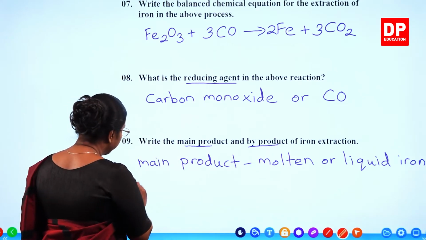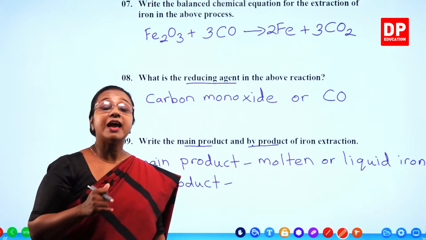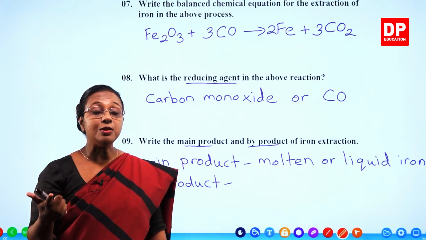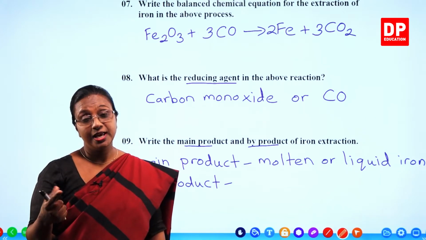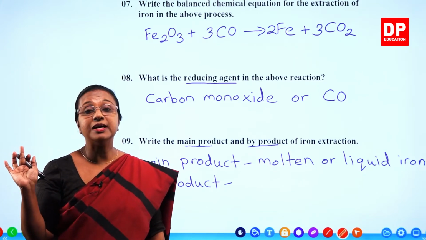Then what is the byproduct? One thing you all know, when limestone decomposes, there is calcium oxide produced, and this calcium oxide reacts with the impurities silica SiO2 and alumina Al2O3, and that forms slag. Slag is taken out from the blast furnace.